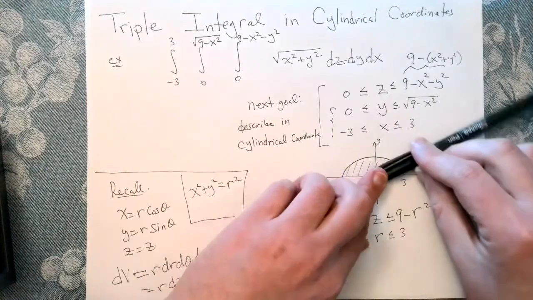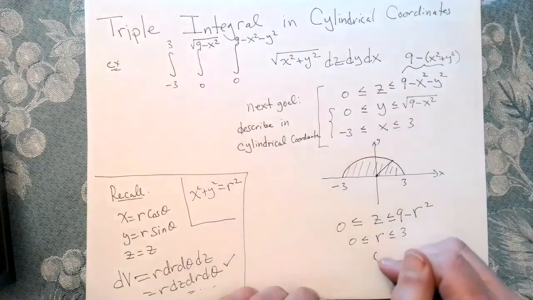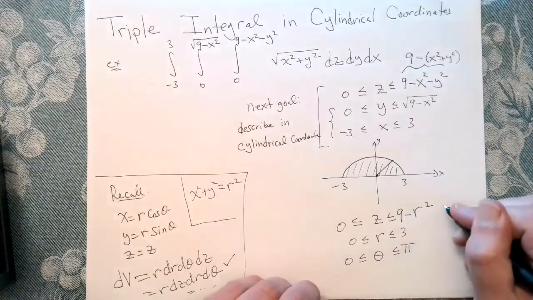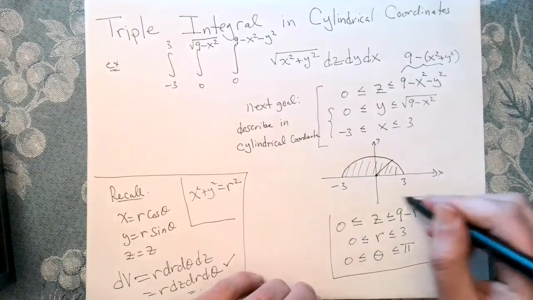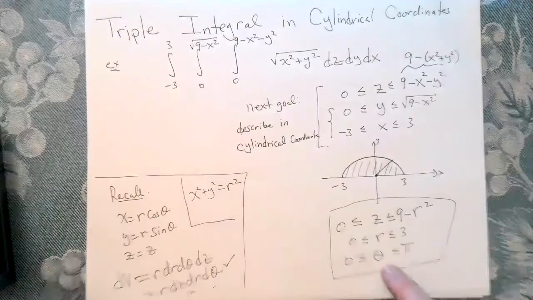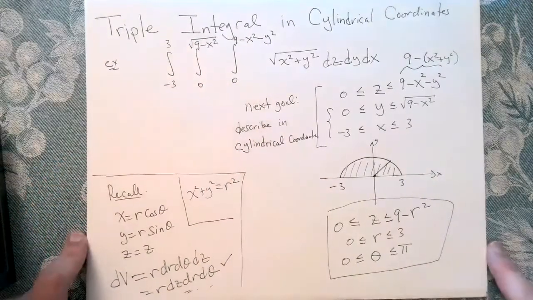So theta goes from 0 to pi. And that seems pretty nice. Okay, so I think I'd much rather deal with this than this, right?